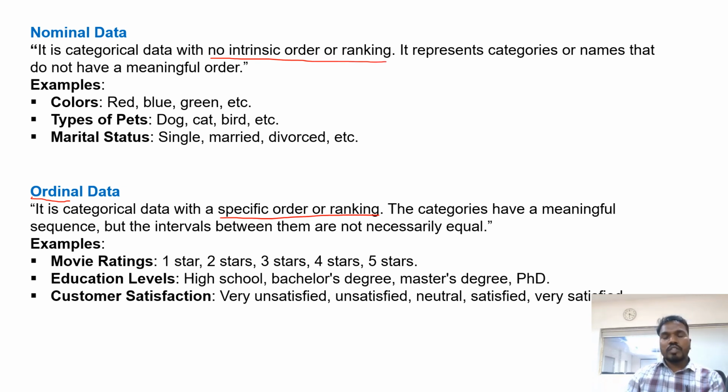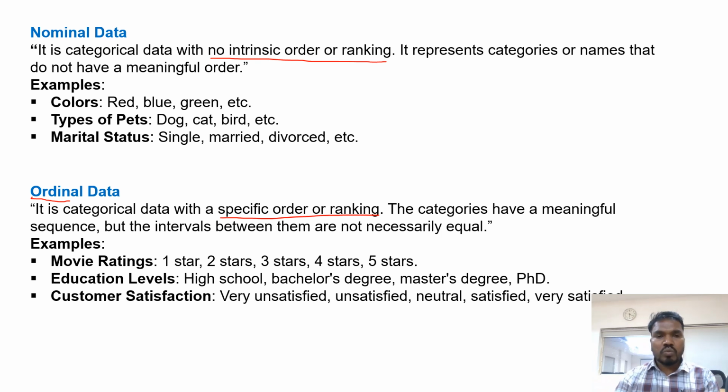For example, movie ratings can be 1 star, 2 star, 3 star, 4 stars, 5 stars. Similarly, education levels are ranked: high school, bachelor's degree, master's degree, and PhD. If you want to measure customer satisfaction, it could be very unsatisfied, unsatisfied, neutral, satisfied, very satisfied. Clear? So that is the difference between nominal and ordinal data.